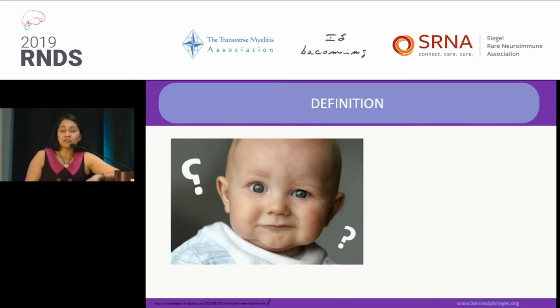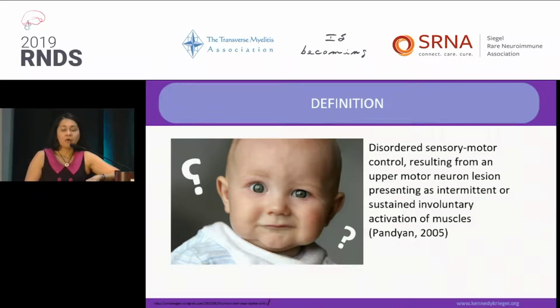Now, in 2005, the Europeans came up with a more inclusive definition, which still does not make exactly complete sense, but it made more sense to me at this point in time. They said it's a disorder in sensory motor control resulting from an upper motor neuron lesion presenting as an intermittent or sustained involuntary activation of muscles.